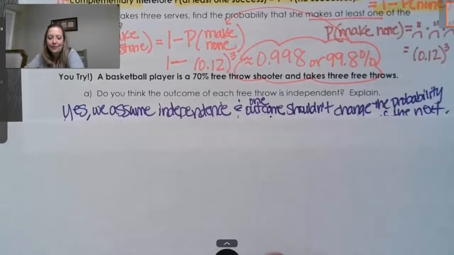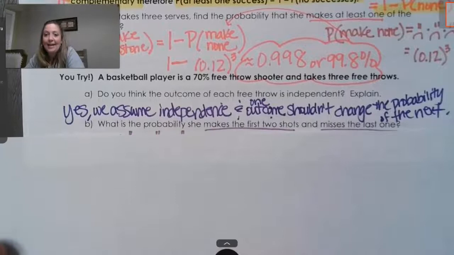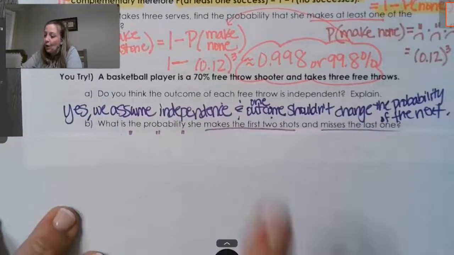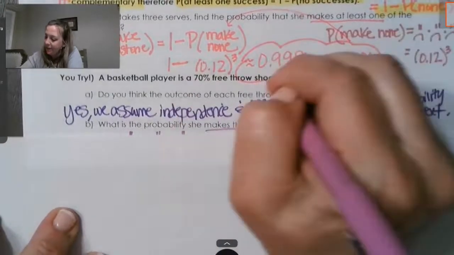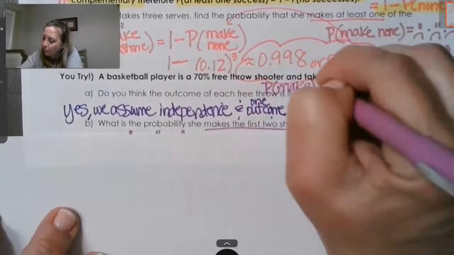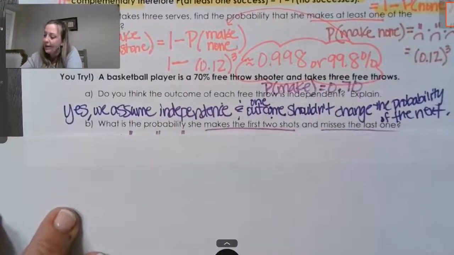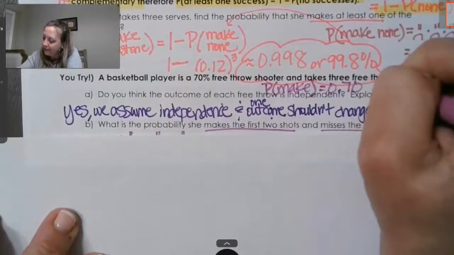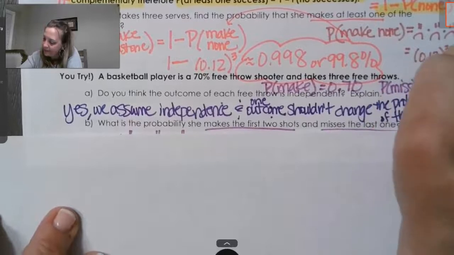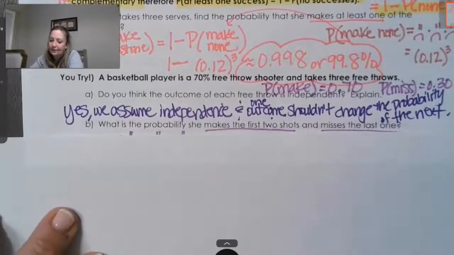In letter B, it wanted the probability that she makes the first 2 shots and misses the last one. Well, we needed to see here that the probability of a make was going to be 70% or 0.70, and therefore its complement, the probability of a miss, is going to be 1 minus 0.7, which is 0.30.